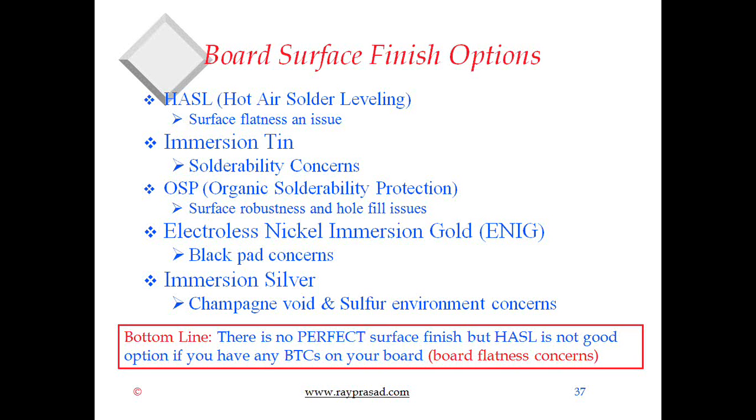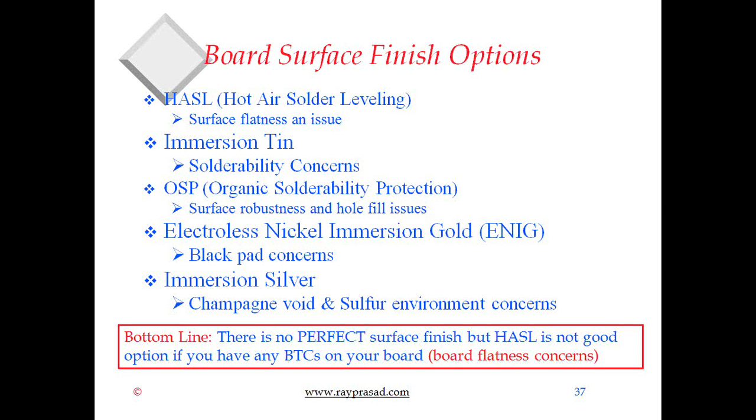Obviously, none of the surface finishes are perfect. They all have their pros and cons, and I'm not going to go too much into the detail, but very briefly, immersion silver, starting at the bottom, has a micro via void issue. Sulfur in the environment can cause creeping corrosion. ENIG, the second one from the bottom, can have a black pad.